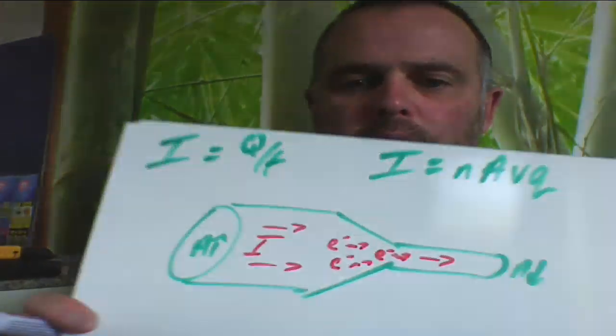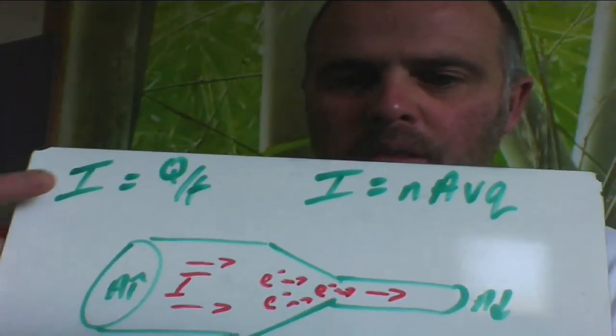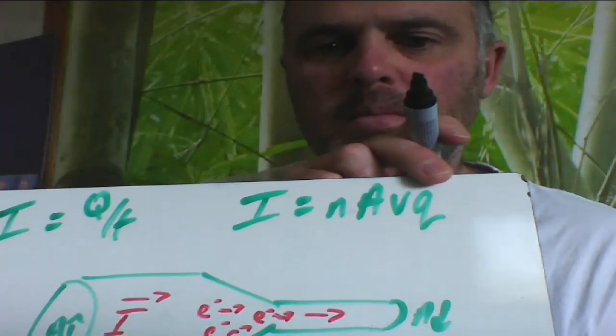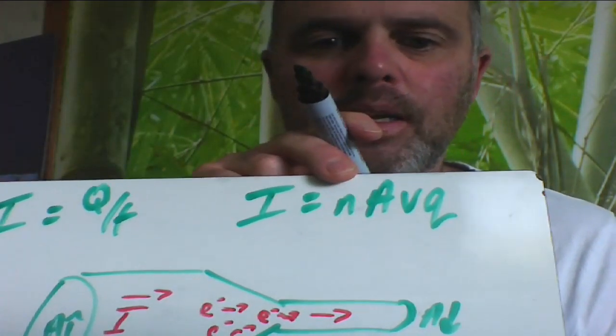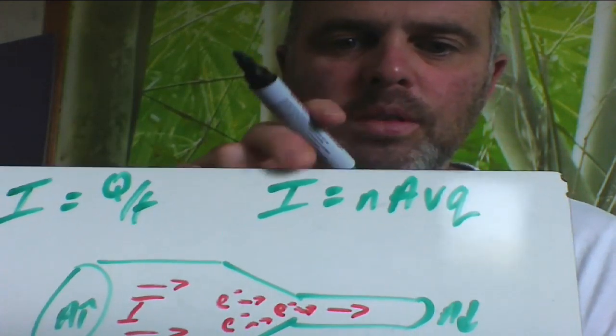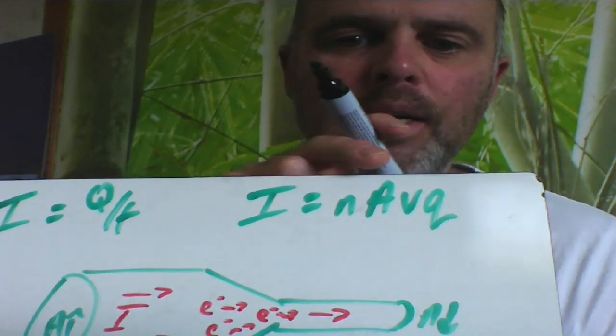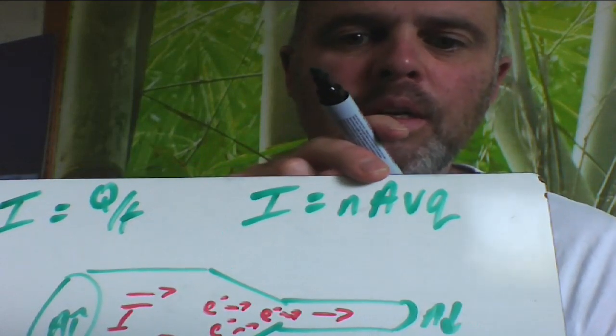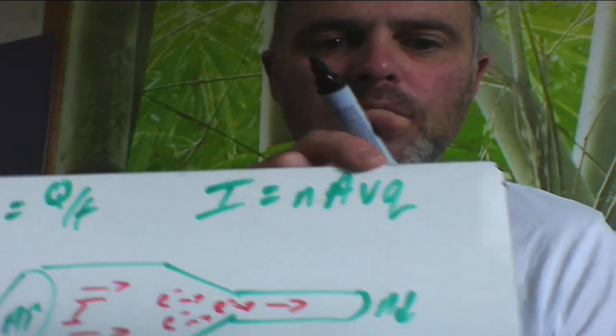So really that current is going to be made up of many free charge carriers flowing in this direction, each carrying charge Q. There's a number of free charge carriers, and then we've got the current that's flowing there and cross-section area of the wire here, and that's going to affect the velocity.